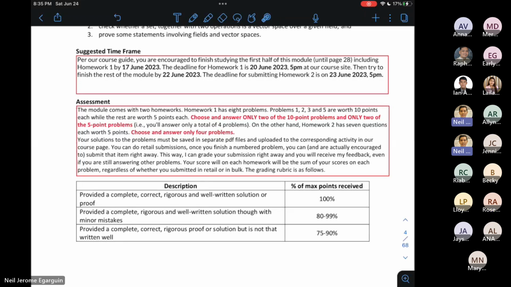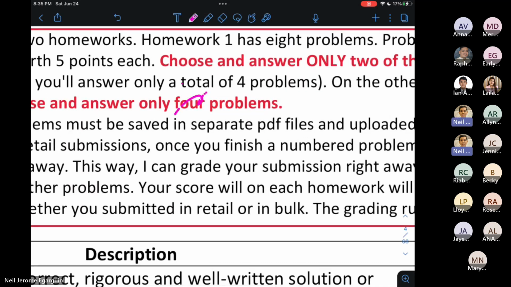Pero sabihan niyo ako pag sobrang madami, pwede pa nating bawasan, ano? Pero yeah. In homework number 2, 4 yung sasagutan. I can probably bring it down to 3 problems na lang. Para medyo baka na-shock kayo dun sa homework 1. So I'll give way for homework 2. Sige, let's try 3 items na lang for homework number 2.